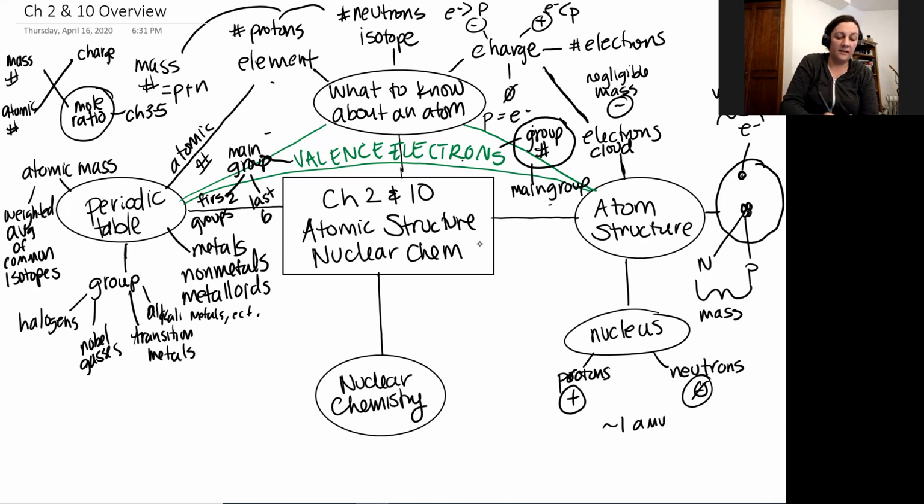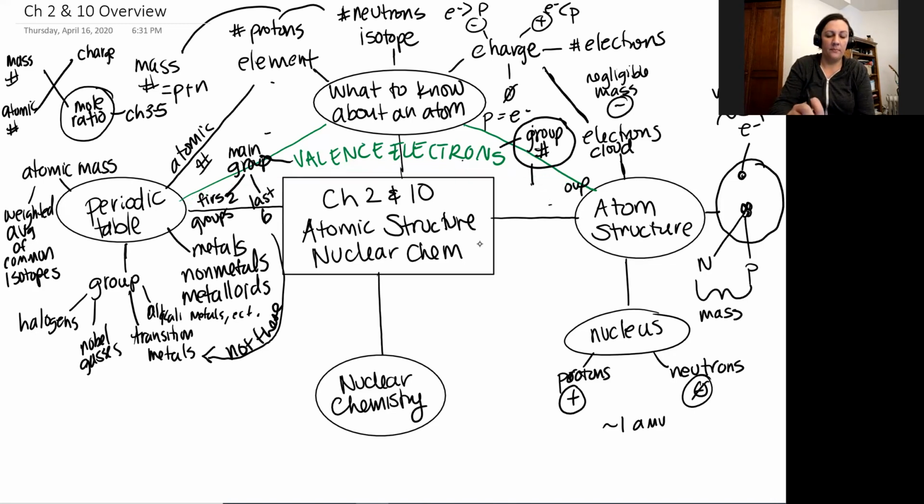So not the transition metals or the lanthanides or the actinides. So that kind of covers what we'll be doing with the periodic table, the atom and atomic structure.